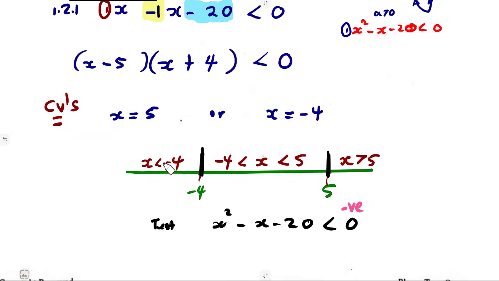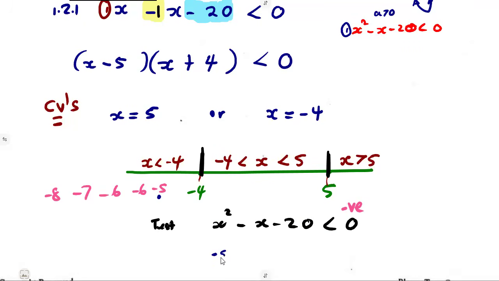Let's start with -4. x is less than -4. Any value that is less than -4, we are talking of -5, -6, -7, -8. Pick any value of your choice that you want to represent as your x. In this case, I'm going to pick -5. I plug in this value in place of x.